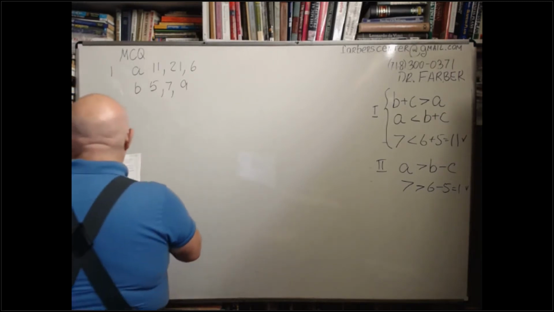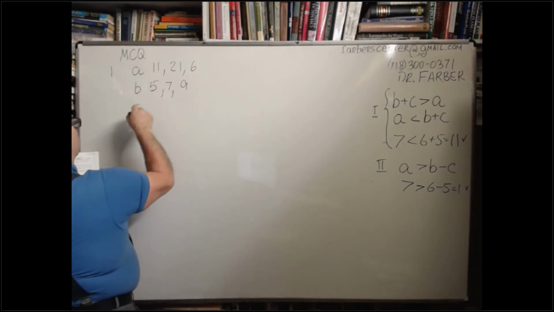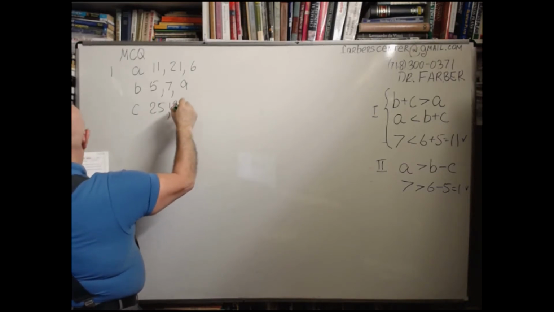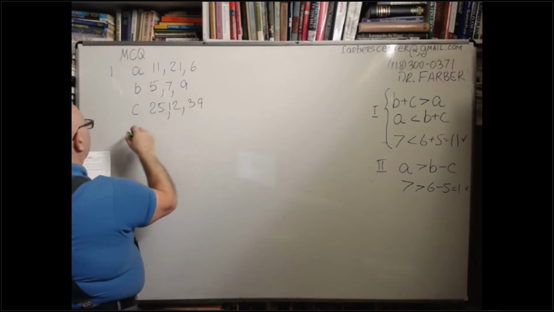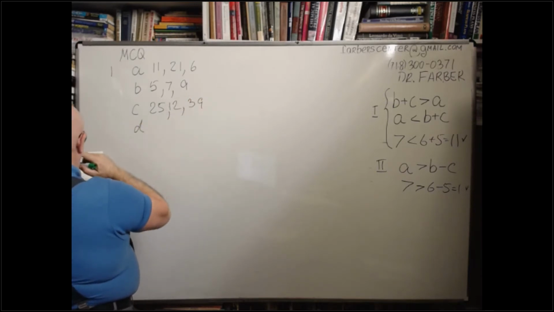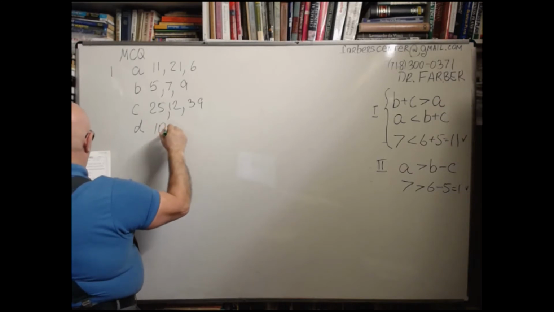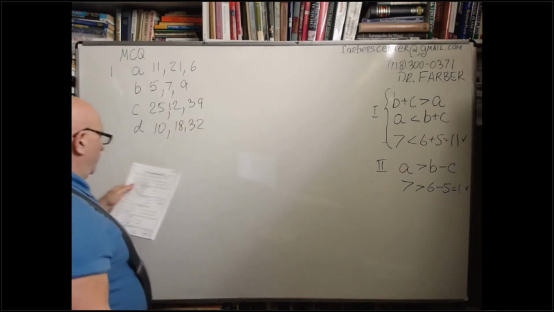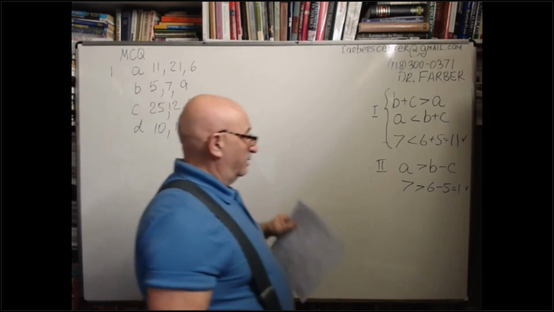Good. C is 25, 12, 39. And D is 10, 18, 32. And that's which of the following sets of numbers form a triangle.